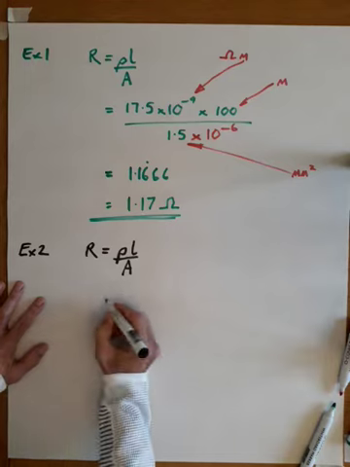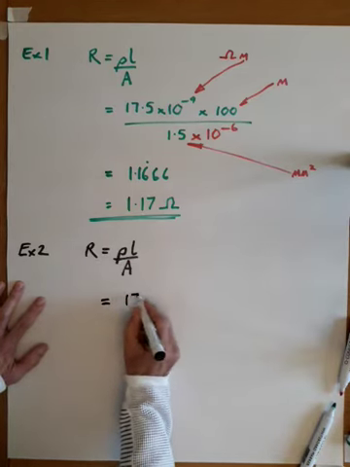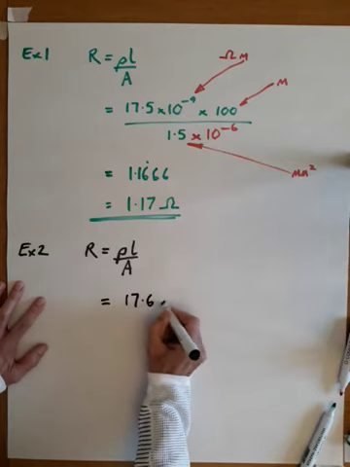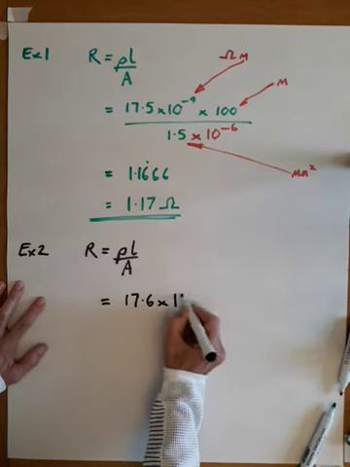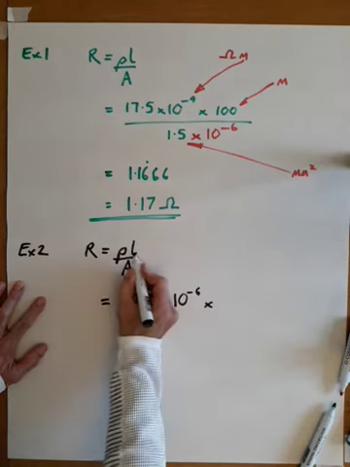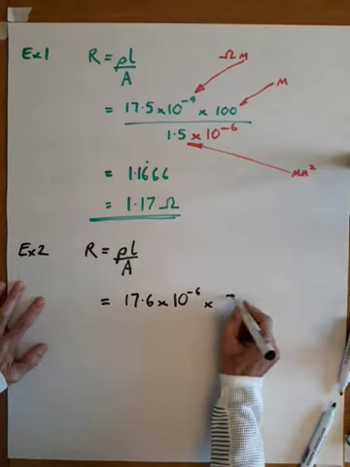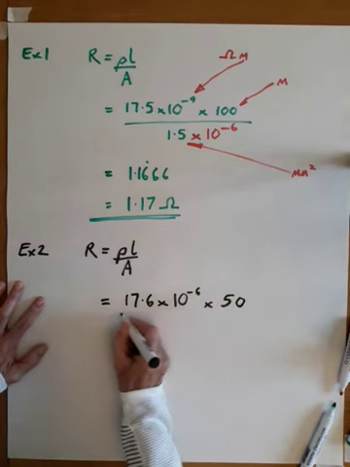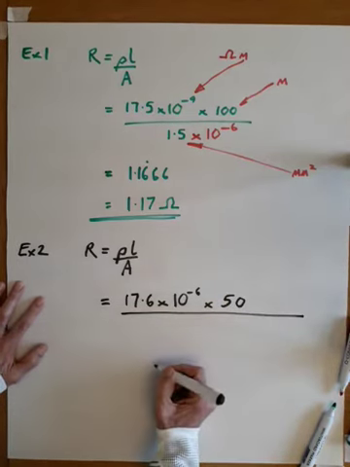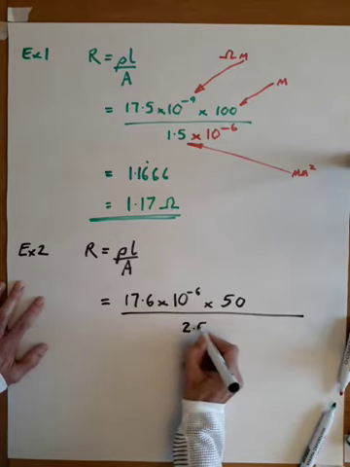Let's put the numbers in. Resistivity 17.6, and it says times 10 to the minus 6. Multiply that by the length of the cable, which is 50. And we're then going to divide by the area of the cable, which was 2.5.